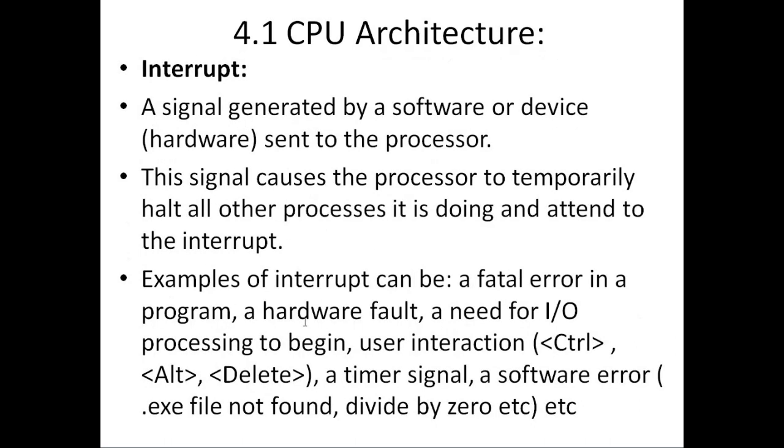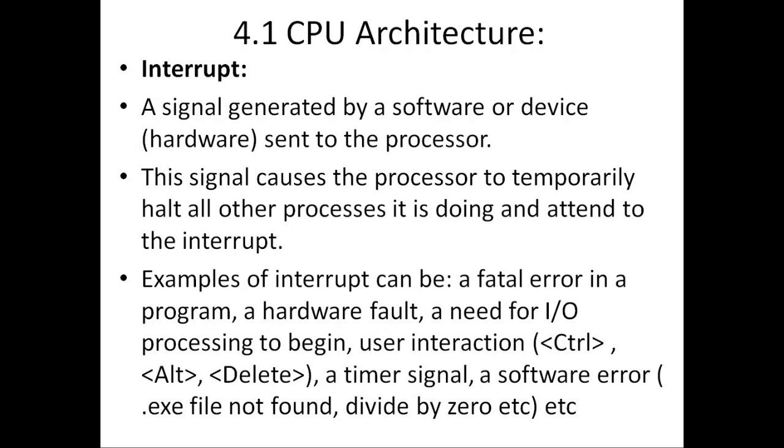Next we have something that is known as interrupt. Now if you have studied computer science in your O levels, then you would remember very well that an interrupt is simply a signal generated by software or hardware which is sent to the microprocessor. This signal causes the processor to temporarily halt all other processes it is doing and attend to the interrupt first, because an interrupt basically means that some emergency situation has occurred.